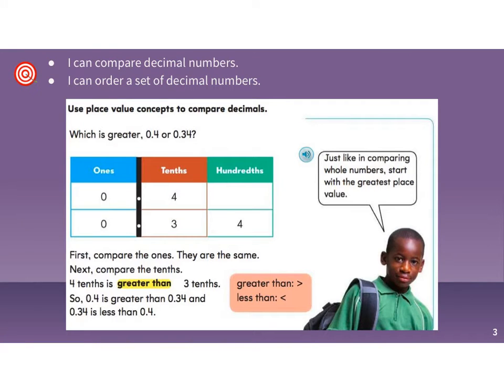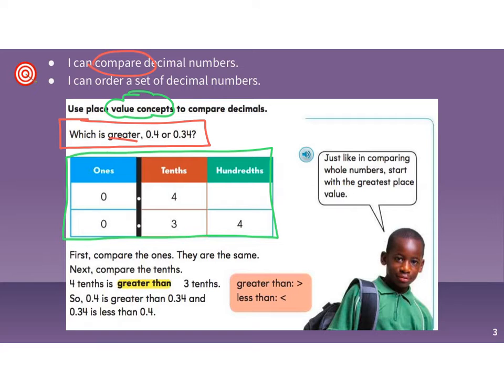So starting with comparing decimals, if we have this question, which is greater, 0 and 4/10 or 0 and 34/100? This slide is showing that we use place value to help us with that comparison, and this chart is set up in a way to help us do that.